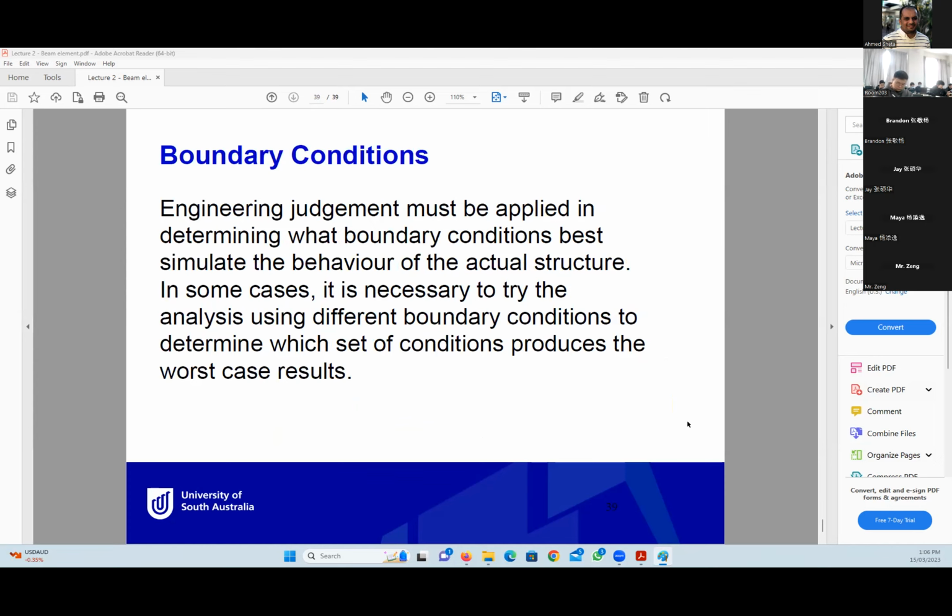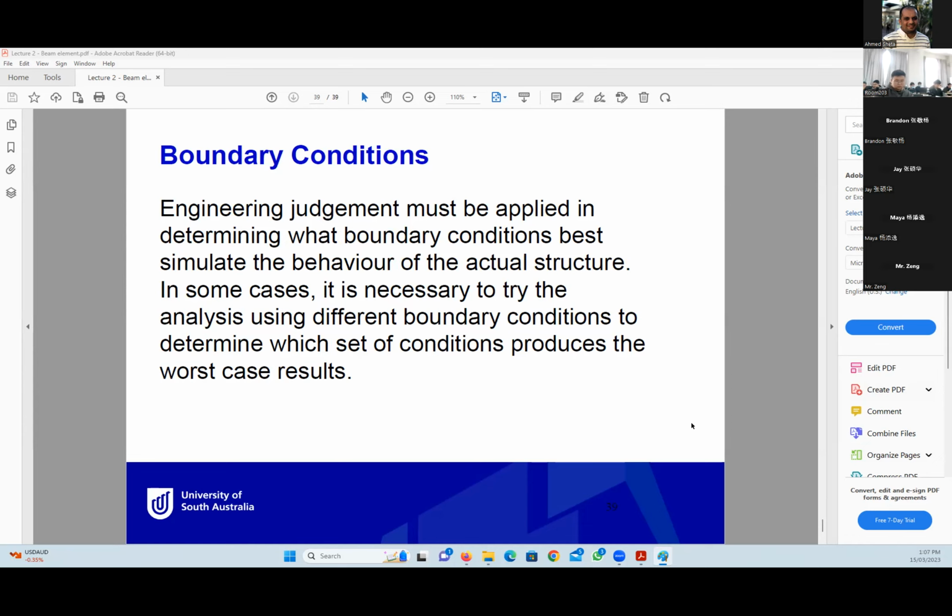The last thing we need to know about boundary conditions is that engineering judgment or assessment of the boundary condition needs to be done, because the boundary condition needs to closely simulate the behavior of the structure.